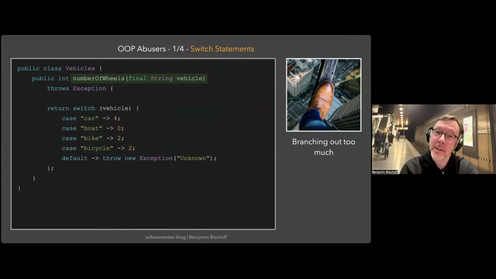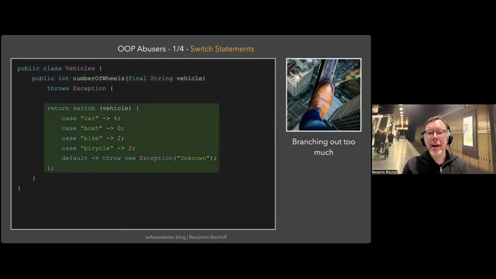Like this one is especially stupid, I have to confess. It's a method in the Vehicles class called numberOfWheels. And this accepts a name of a vehicle and returns the number of wheels. So if it's a car, it returns four. If it's a boat, it returns zero. If it's a bike or a bicycle, I made sure of that, it returns two.